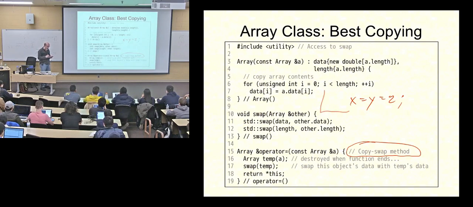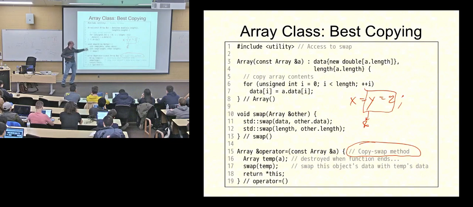So y equals z happens first, that returns a reference to y, and then we can do x equals that reference. That's why we need to return something rather than void, so that we can chain equal signs together. And we return a reference because after y equals z happens, y still exists, so there's no reason to copy it.